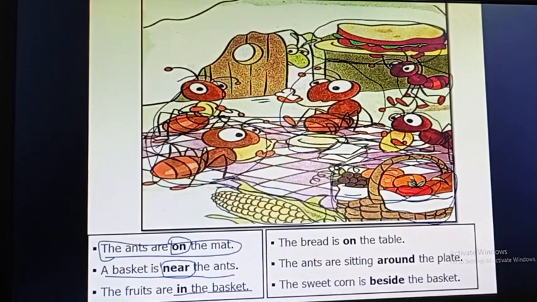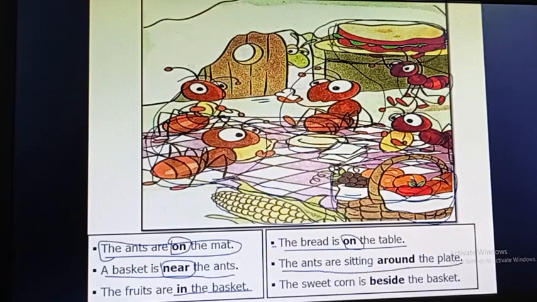Next, right side box. The bread is on the table. You can see the bread sandwich on the table. This is the table. Next sentence, the ants are sitting around the plate.